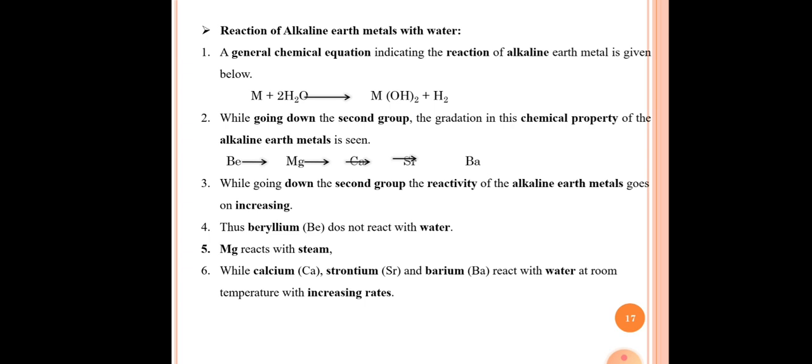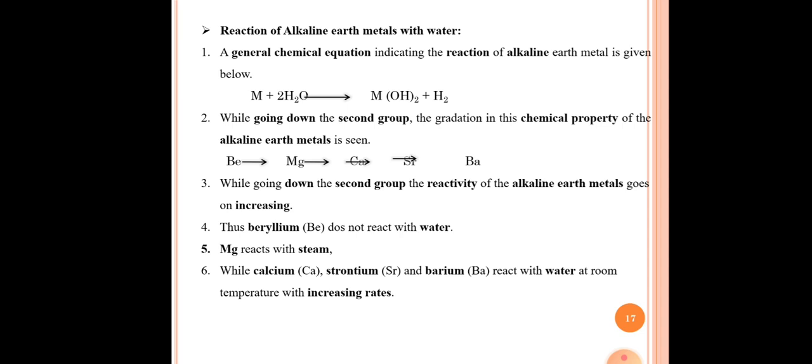So after that, our next point is reaction of alkaline earth metals with water. Alkaline earth metals are found in group 2 of the modern periodic table. See the first point, a general chemical equation indicating the reaction of alkaline earth metal is given below.